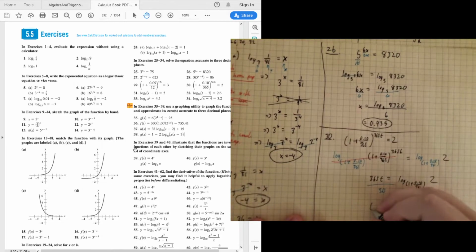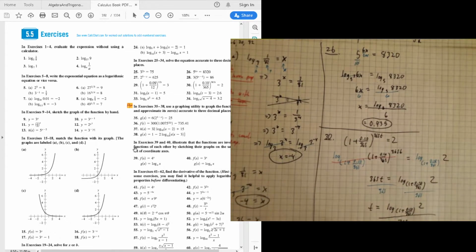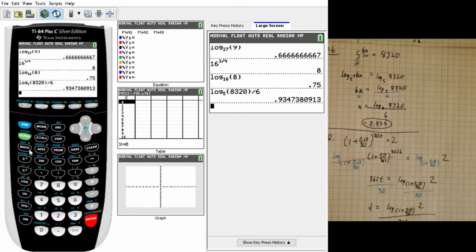I end up with t is equal to log base 1 plus 0.10 over 365 of 2, all over 365, which is going to be a number, and then calculator time. Can't get out of the calculator here. So I'm going to use the exact same thing I did before.